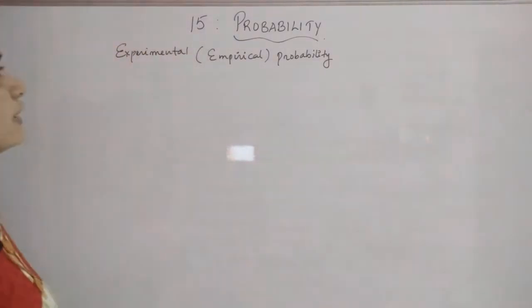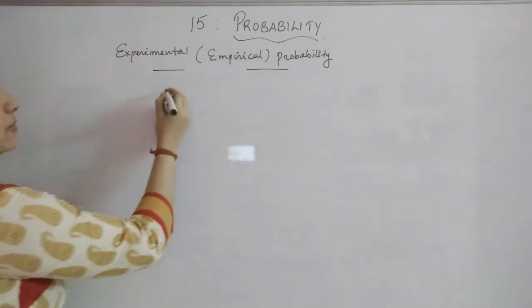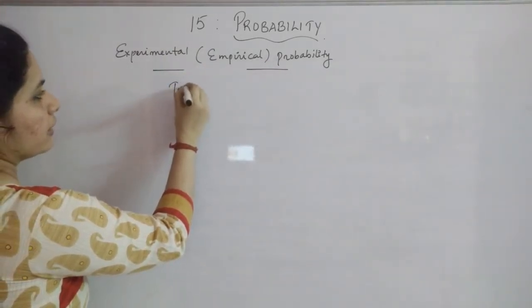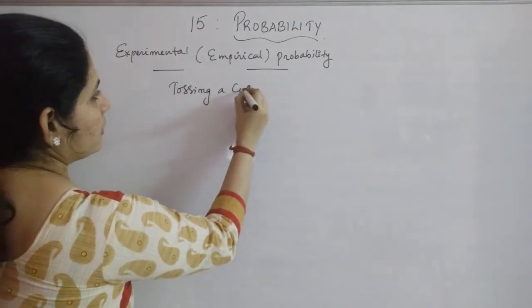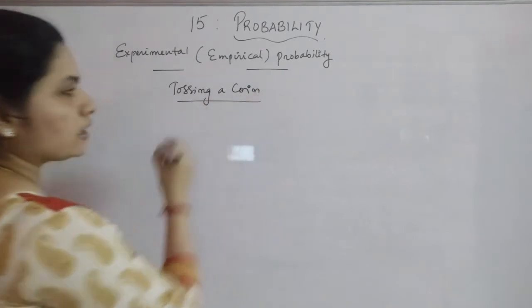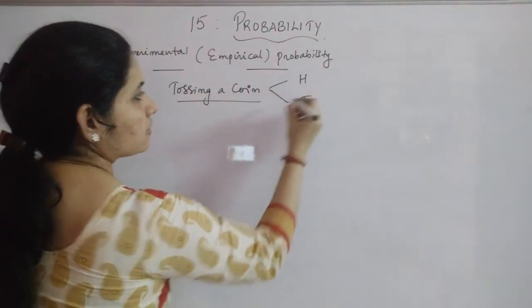Okay, so if I am considering an experiment of tossing a coin, you know that there are two outcomes for tossing a coin, which are head and tail.